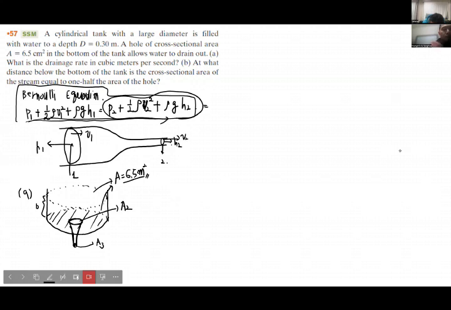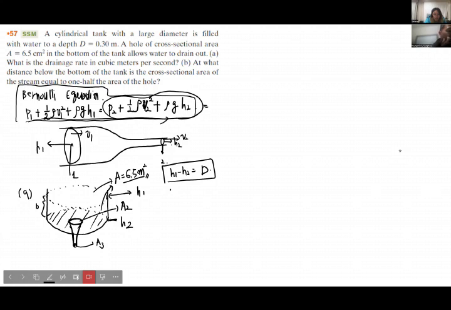So the bottom of the cylindrical tank could be H2, and the top of this water tank could be H1. So obviously H1 minus H2 must be d, the depth of the tank, right? Because that's the relative difference.